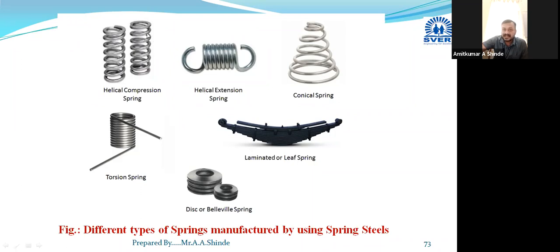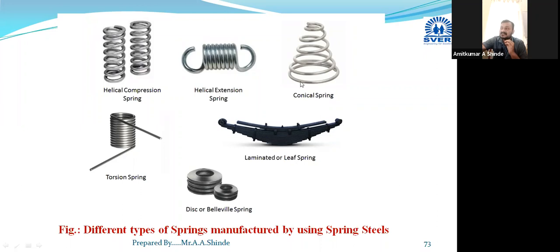This is a helical extension spring. If you have seen the stand of our vehicle, we have a stand for placing our vehicles. A helical extension spring is used there.